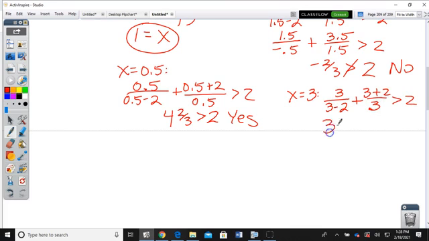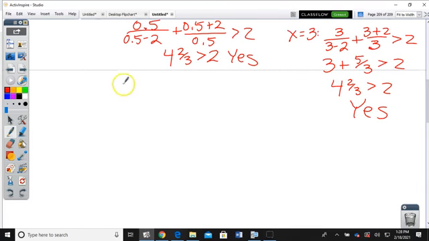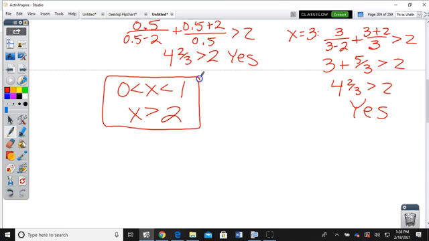That would be 3 plus 5/3, which is 4 2/3, which is greater than 2. Yes, so that one also works. My final answers were 0 is less than x, which is less than 1, and x greater than 2. Those are my answers.